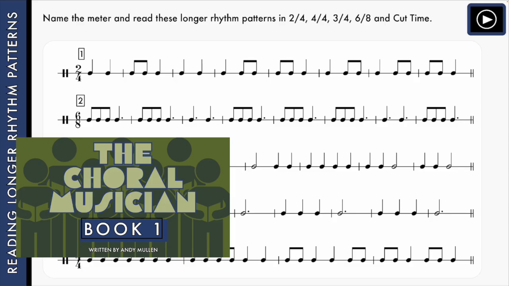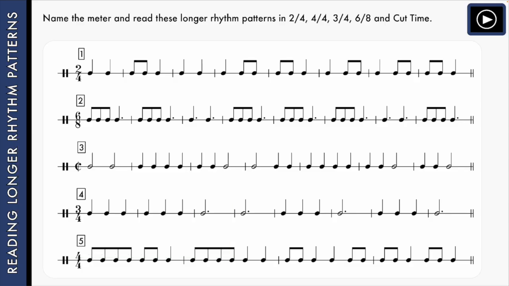Look at this example from the choral musician. I might say something like this to students. Look at number 1. Are we in duple or triple meter, and how would you know? That's right, we are in duple meter because we're seeing 2/4 and we're seeing do days or paired eighth notes. Audiate number 1. Give them a chance to audiate it. Okay, let's read number 1 together. Ready and read.